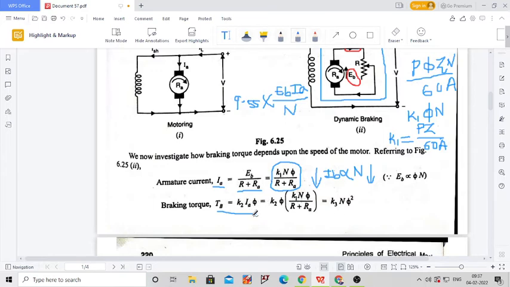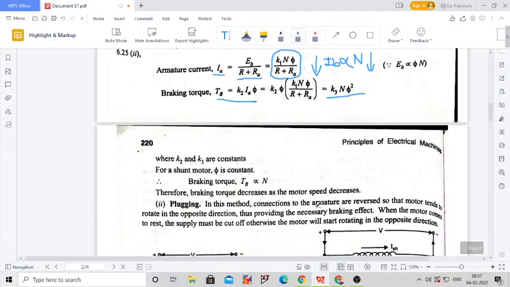Ia is K1 N phi divided by R plus Ra, so the braking torque Tb is equal to a constant K3 multiplied by N phi squared. So the braking torque Tb is proportional to the speed of the motor.